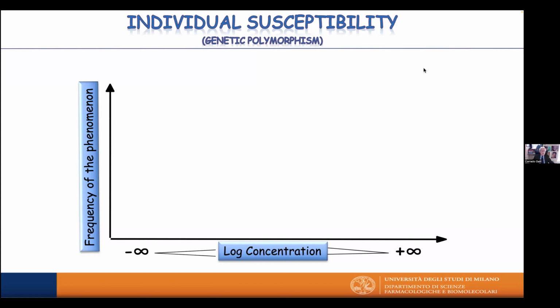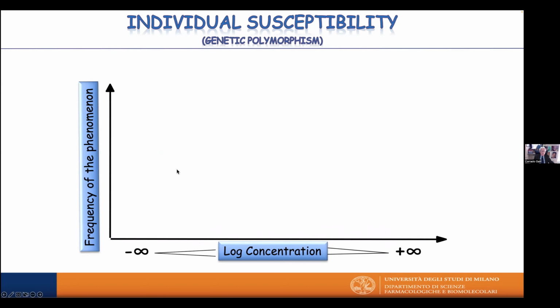In this axis you have the frequency of the phenomenon, which may be cancer, allergy, or whatever, and in this lower axis you have the concentration, the dose. But here it is the frequency, not the incidence of the effect.